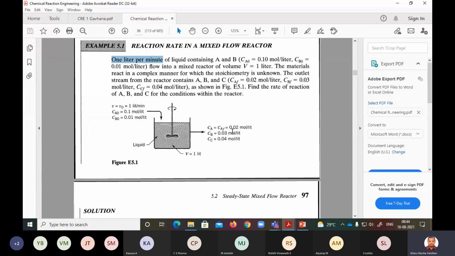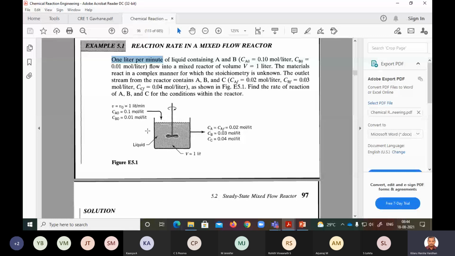Ca or CAF is 0.02, Cb or CBF is 0.03, and Cc or CCF is 0.04. Cc naught will be 0 because initially there is no reaction.